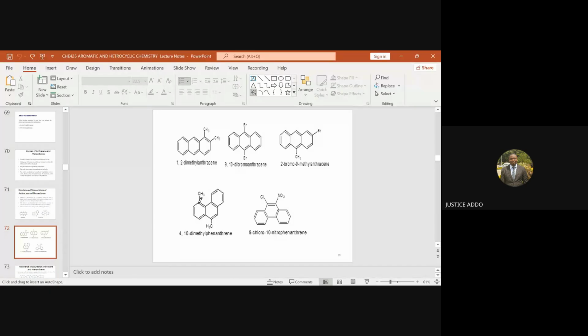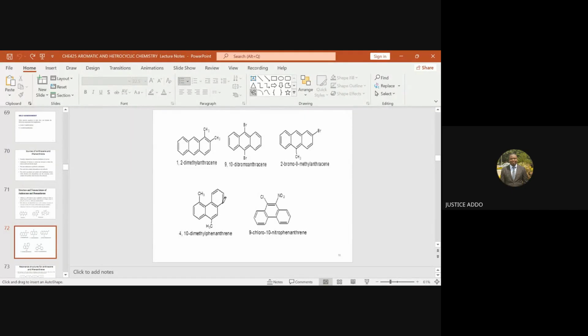No, you see, the numbering of phenanthrene had already been established for you. So the 1 is always here. Then you go 2, 3, 4, 5, 6, 7, 8, then you come to 9, 10. Or you can start the 1 from here. You see, this one was going clockwise.